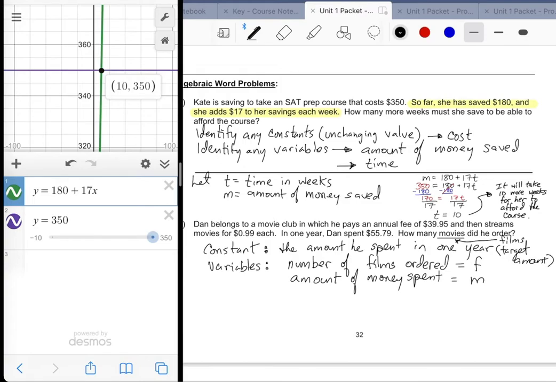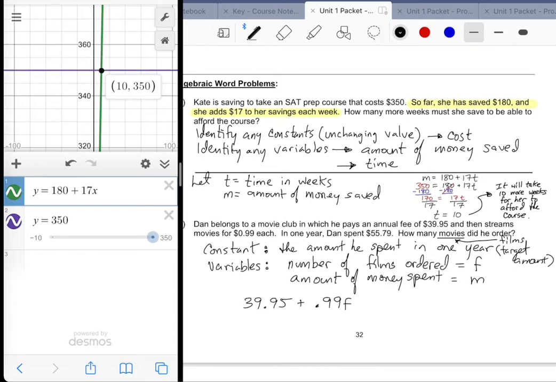So just focusing on the equation, what I would say is, well, we got that fixed amount of $39.95. He's got to pay that no matter what. And then for every movie he orders, he's going to pay 99 cents. So 0.99 times the number of films, again, making that change to not get confused. All right.